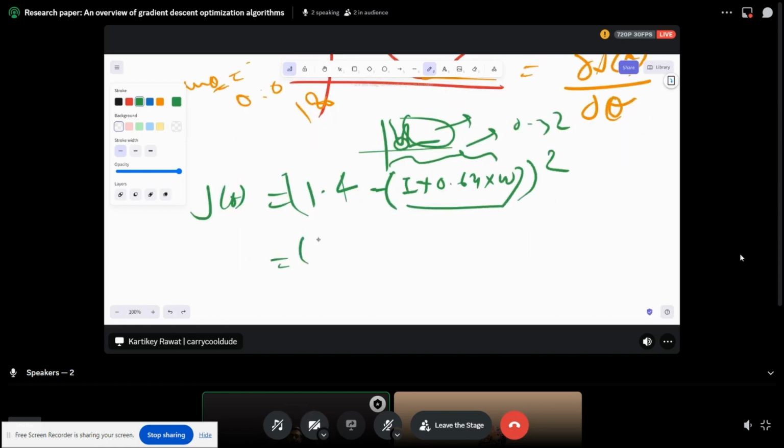So it's 1.4 minus, let's take the intercept as of now, the same 0.64 into 0.5. Cool. Now we can plug in any value for the intercept and get a new predicted height that we want right now.